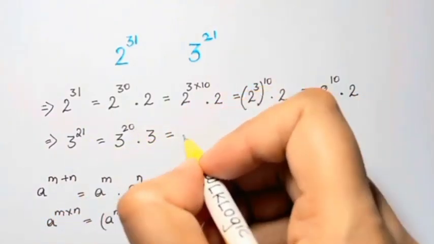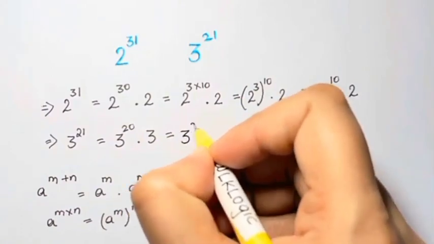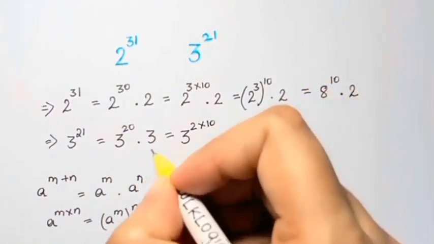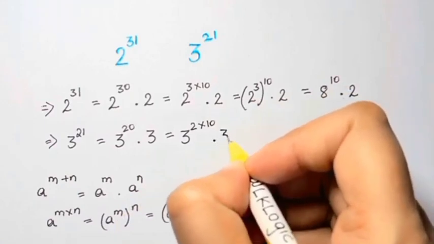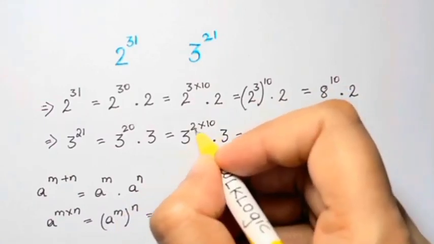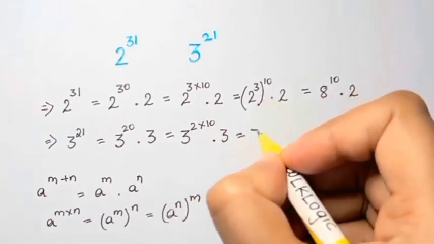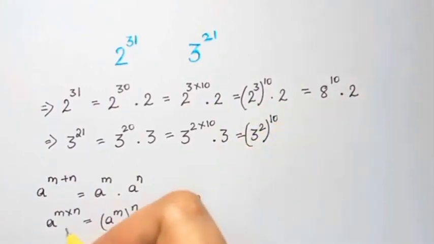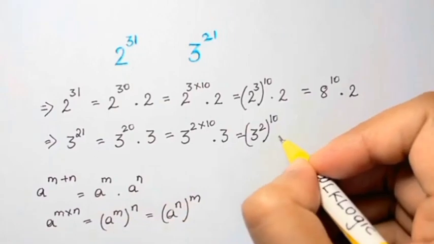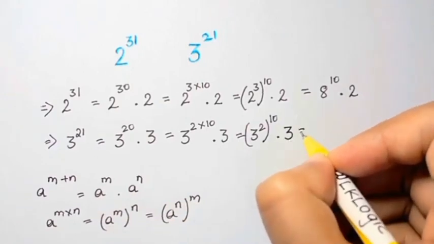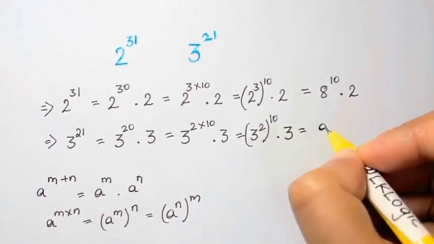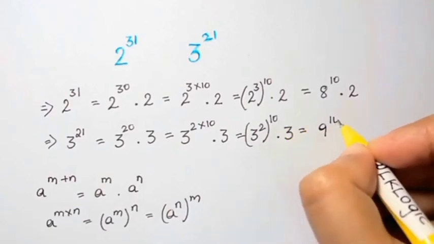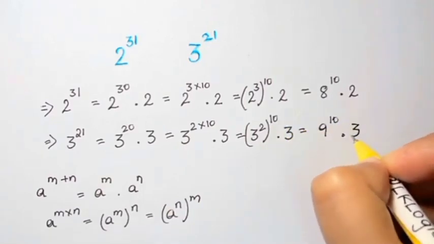Now 20 can be split into 3 to the power of 2 times 10, and this is times 3. So here we have 3 squared. I'm going to write it like this, 3 squared whole to the power of 10, using this law. Now this is times 3. 3 squared is 9, so 9 to the power of 10 times 3.